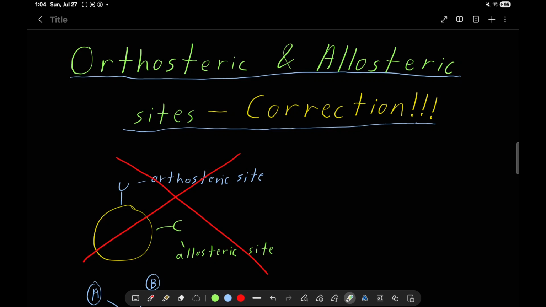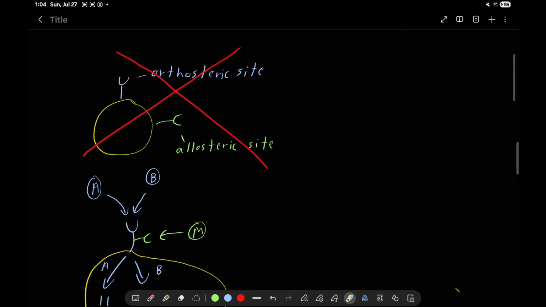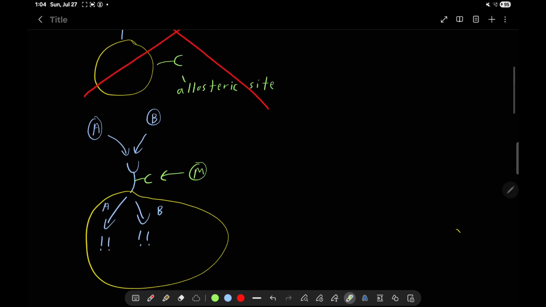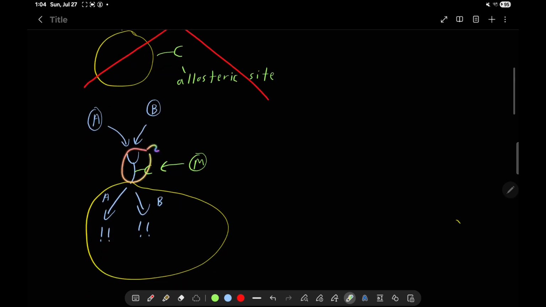All the other characteristics that we learned about allosteric modulation are all the same. It's just that allosteric and orthosteric sites are not two separate receptors. Instead, they are part of the same receptor, just two distinct sites on that same receptor, rather than two different receptors on the same cell. And that's why they're called orthosteric and allosteric sites, not orthosteric and allosteric receptors.